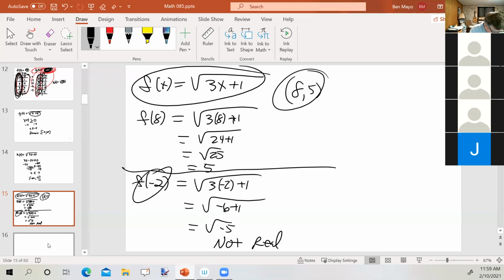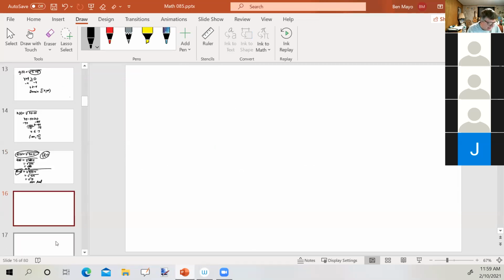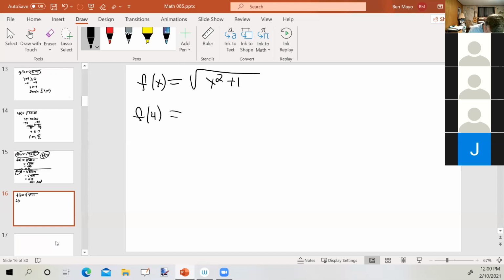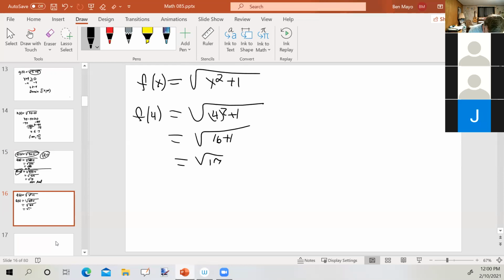Okay. This says use a calculator to find each function value, round to the nearest 10,000th. So that's 4 decimal places. F of x equals the square root of x squared plus 1. And we are to find f of 4, which would be the square root of 4 squared plus 1, which is the square root of 16 plus 1, which is the square root of 17.